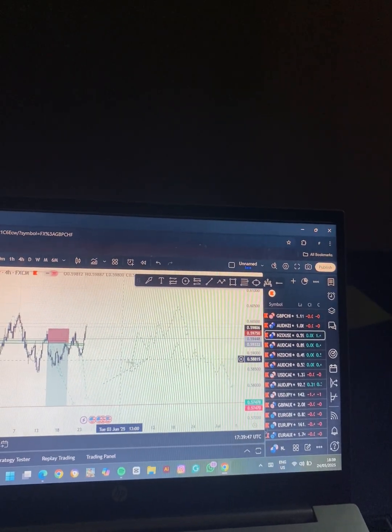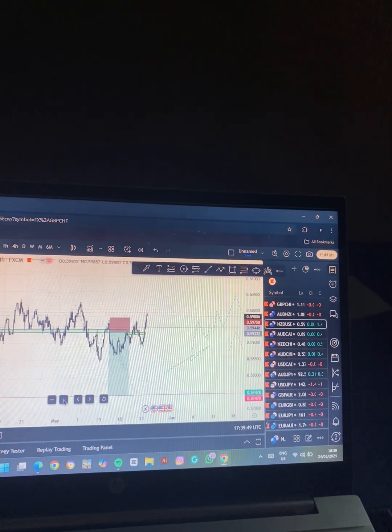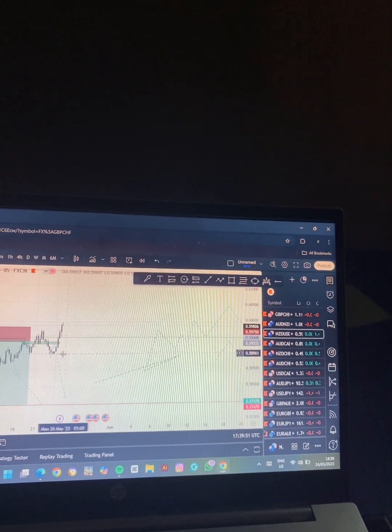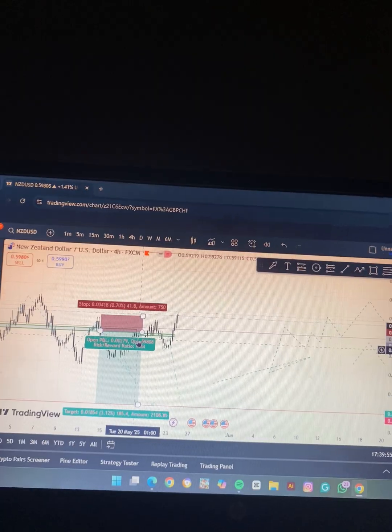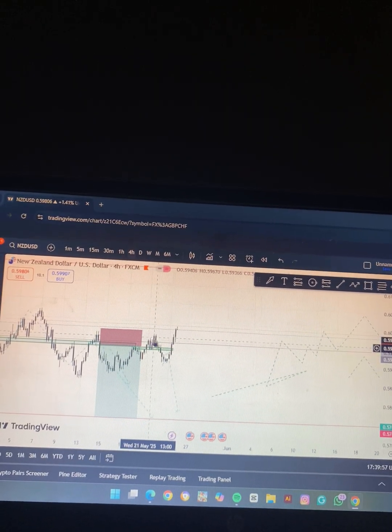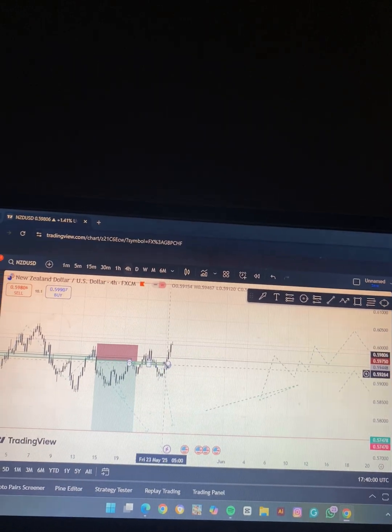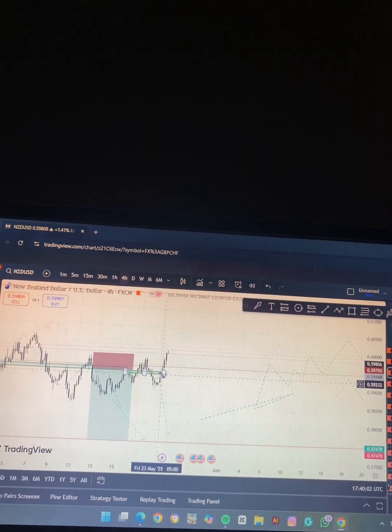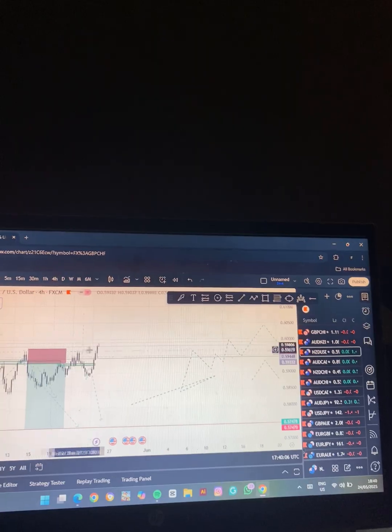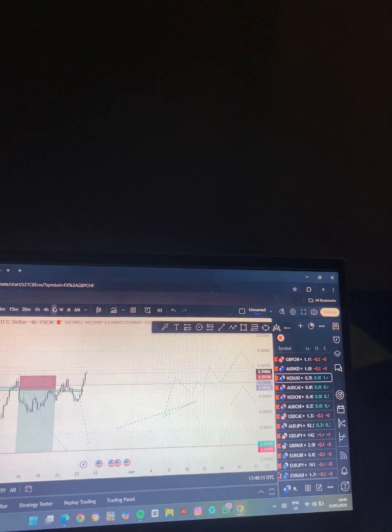Around here we're thinking, okay, it's creating a head and shoulders pattern. You can see the left shoulder, the head, okay, around here, then it comes back here, retests, then goes back down. But the price didn't do that. To be honest, it's still valid.